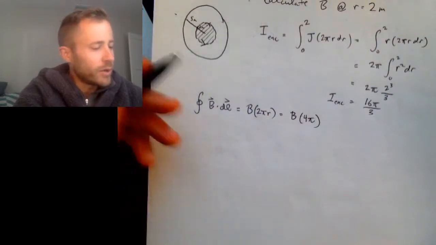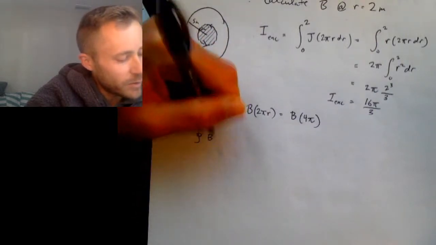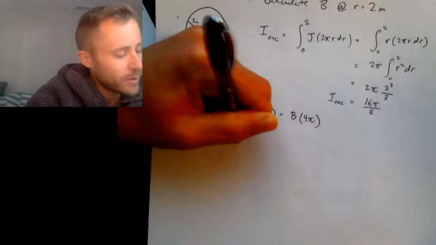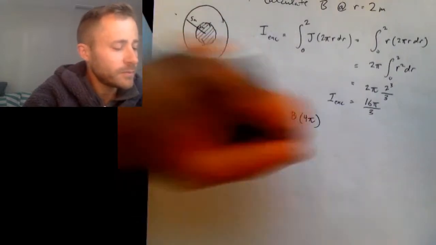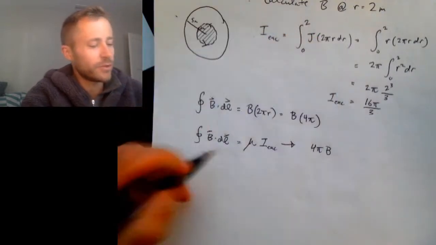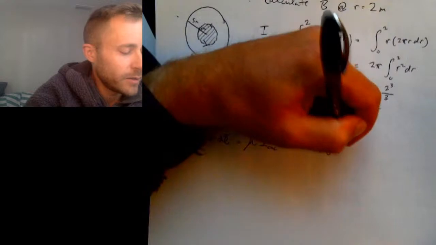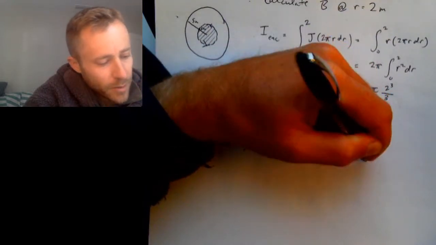So then, plugging that into Ampere's law, we have the integral of B dot dl equals mu naught times the current enclosed. So that says 4 pi B, which is the left-hand side, equals mu naught times 16 pi over 3.